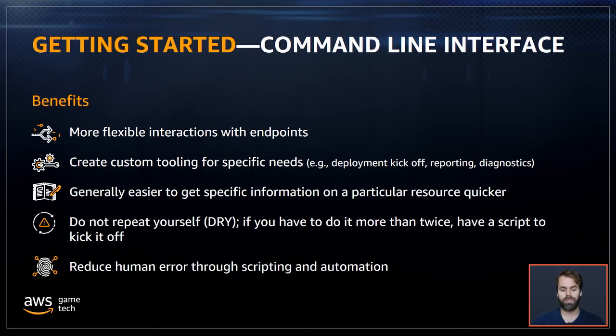You can set up specific custom tooling, right? So I can actually string together specific things if I'm looking to filter out for a specific tag, or if I'm trying to do a particular action on a specific service. I can create those tools within a bash script, and have that be something that I can run directly from my command line interface.